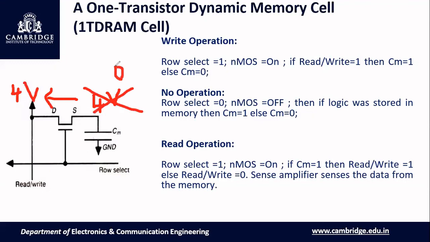So that's a drawback in this memory cell. The charge will be completely transferred. It will not hold. That's a drawback in this capacitor. So once you read, your data will be lost. Every time you need to write and then read. Otherwise, your data will be lost.